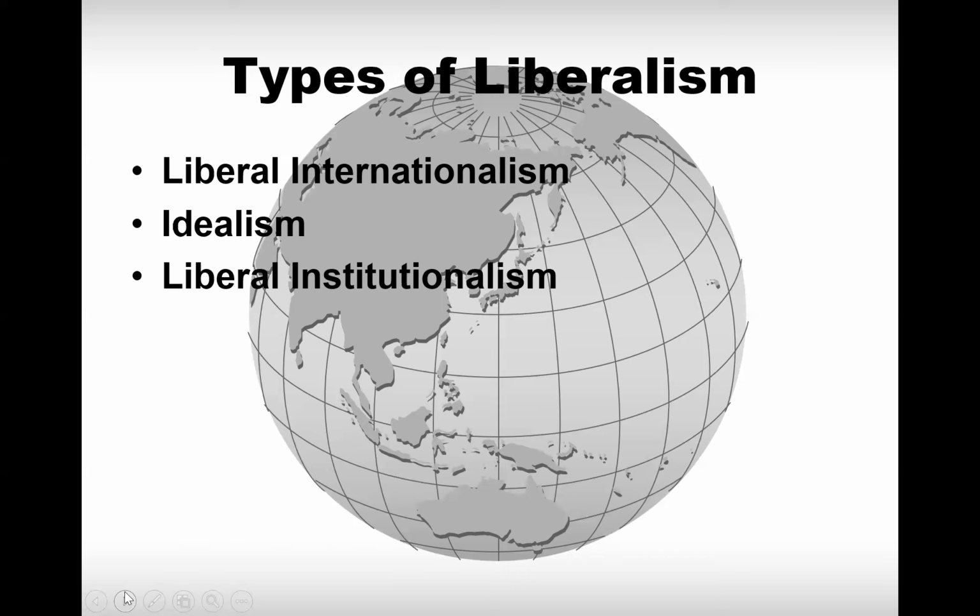Neoliberalism is seen as a dominant form of economics, which believes in free markets, whereas liberal institutionalism actually believes in the powers of institutions to mitigate anarchy. In other words, institutions provide goods and incentives for states to cooperate, to collaborate with one another, and to pursue common goals. And the great case studies are the United Nations and regional institutions such as the European Union.